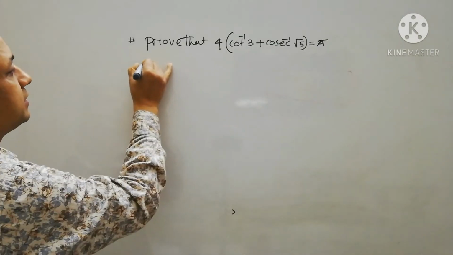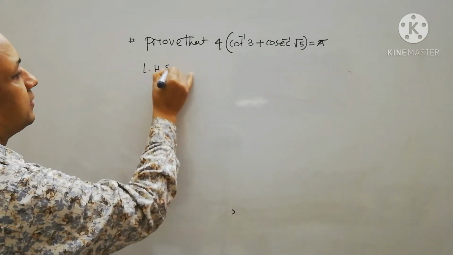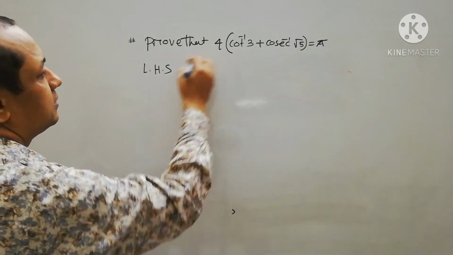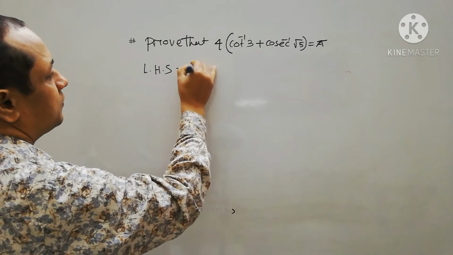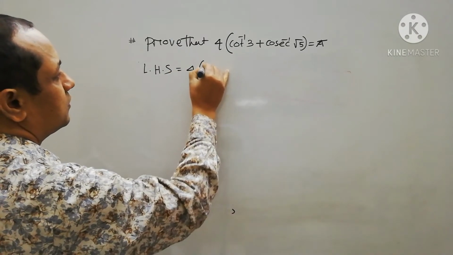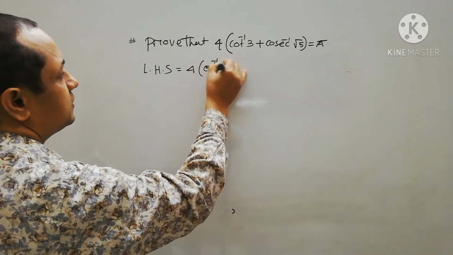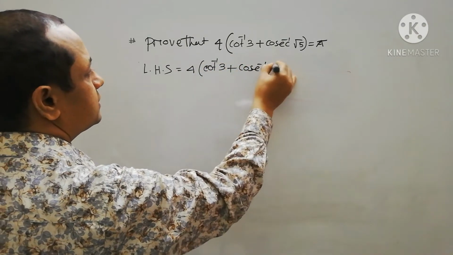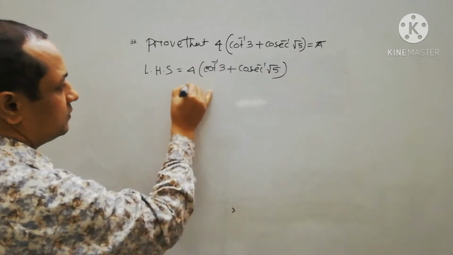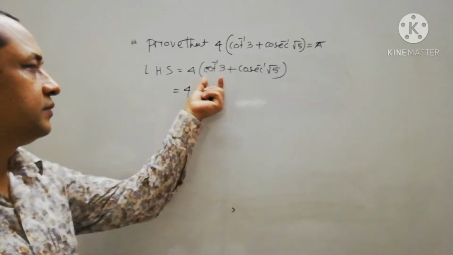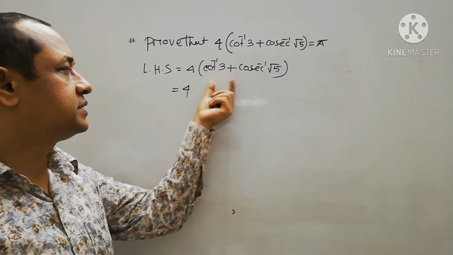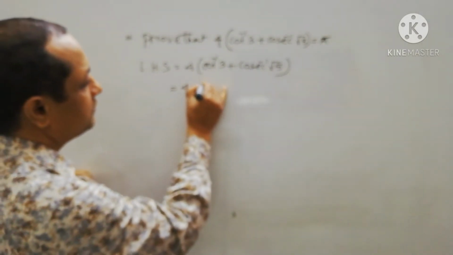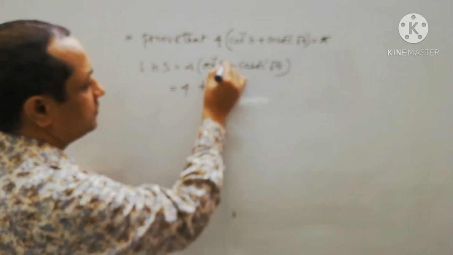Now left hand side equals 4 into cot inverse 3 plus cosec inverse root 5. Now convert to tan. First function cot inverse 3, so we can write cot inverse 3 equals tan inverse.